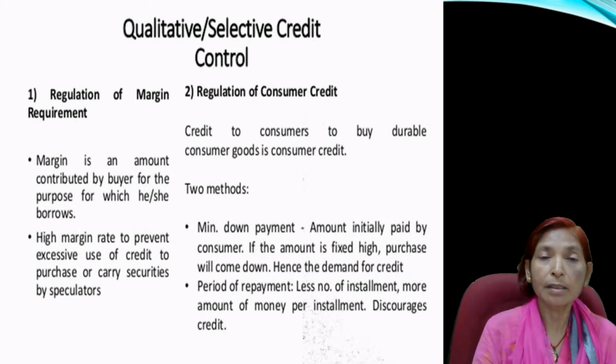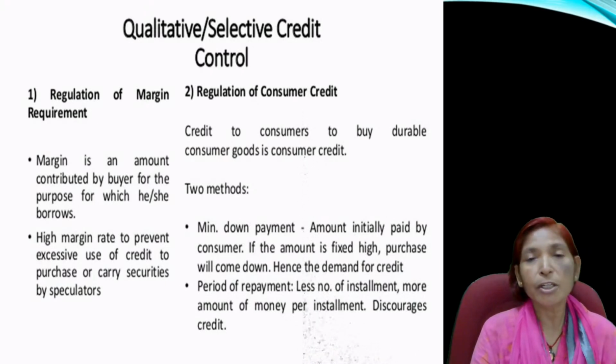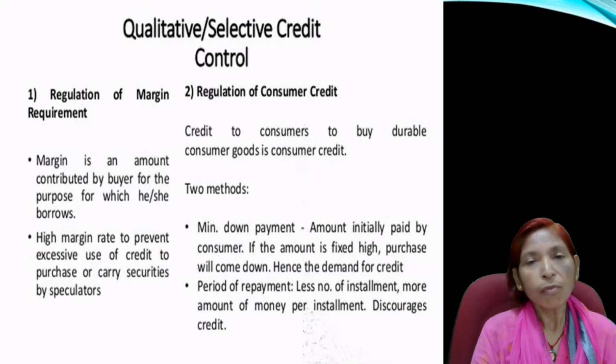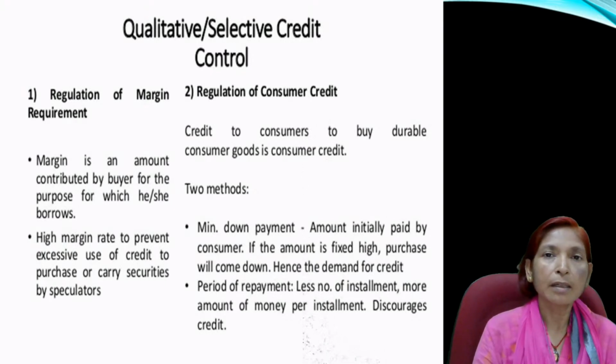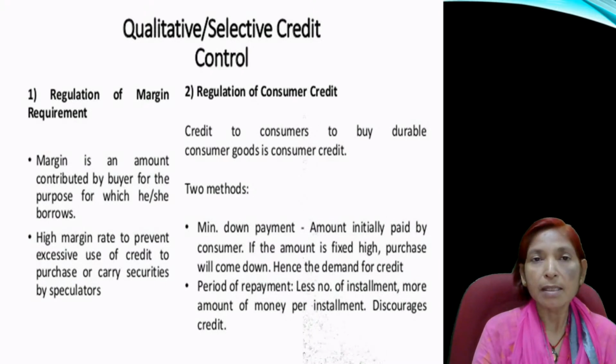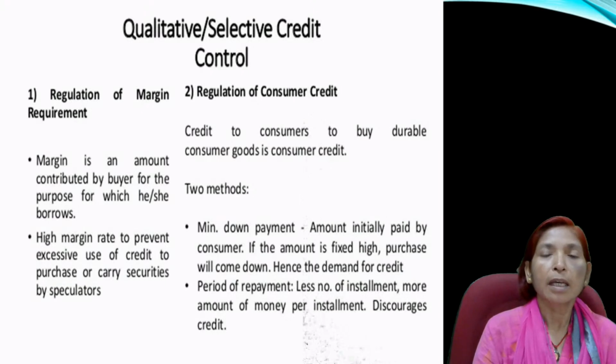And direct action is the action taken by the Reserve Bank of India against commercial banks. If any commercial bank refuses to follow monetary policy tools or instruments, then RBI can take action against that bank. RBI can cancel the license of the commercial bank, and RBI can also merge that bank into another bank.